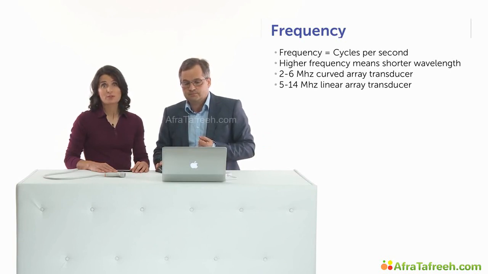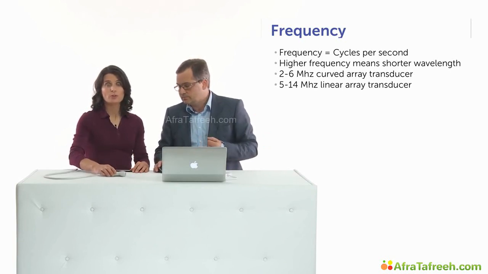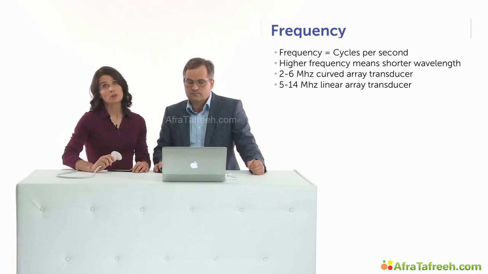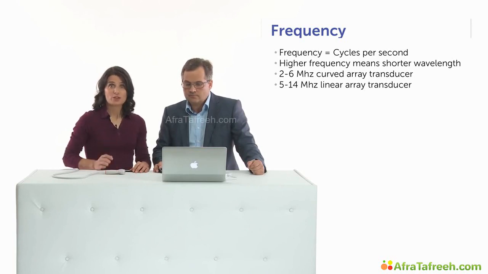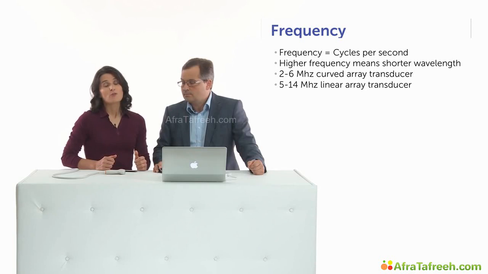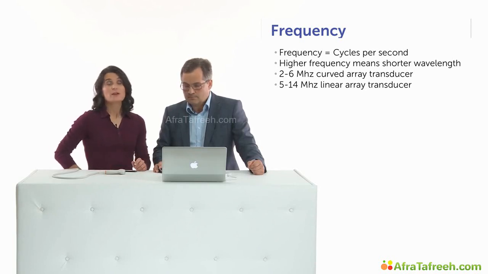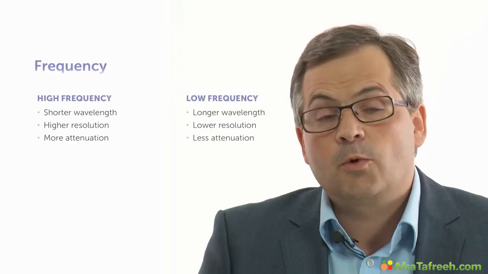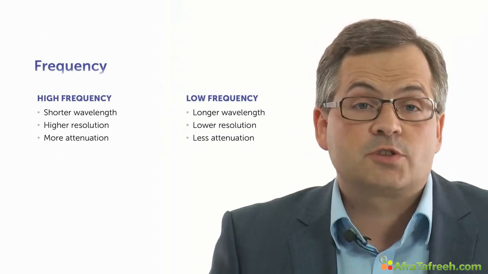In abdominal ultrasound examinations, we normally use a curved array transducer with a frequency between 2 and 6 MHz. For special examinations in the near field, we also sometimes use a 5 to 40 MHz linear array transducer, like this one over here.